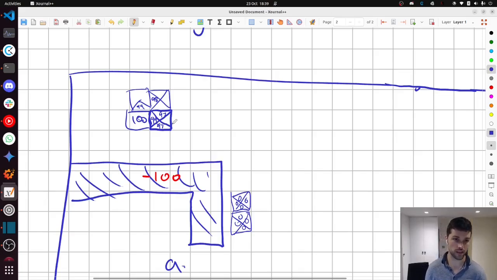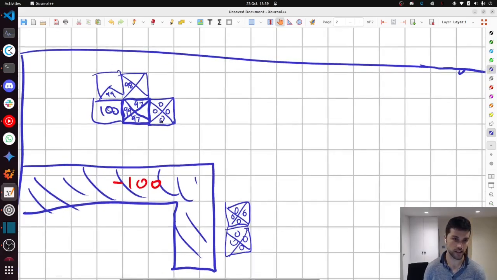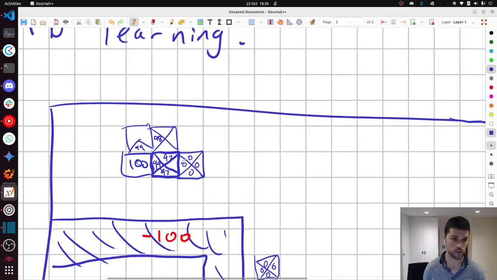So to show you how that works, let's add another cell here, and let's put zeros everywhere in it. And let's just talk through what we would do to update the estimate. Well, okay, if our experience shows us that if we move left from here, we get a reward of -1.